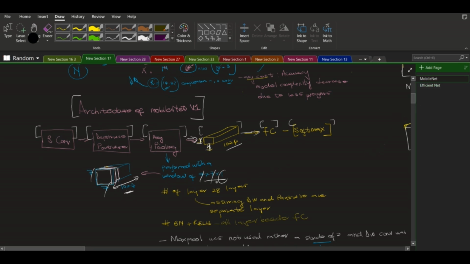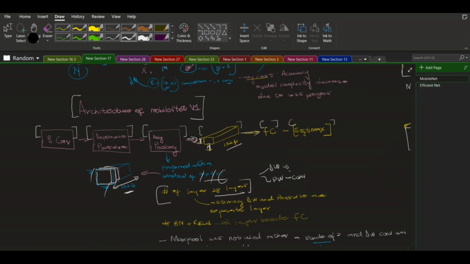The author had 28 layers for their architecture, if we assume that the depthwise and pointwise are layers themselves. Then we had a batch norm and ReLU across all the layers besides the fully connected layer.